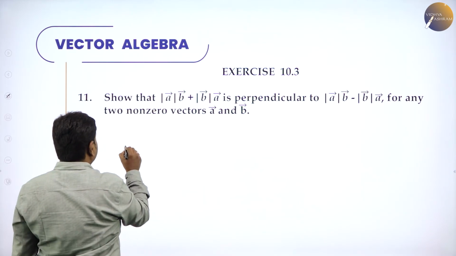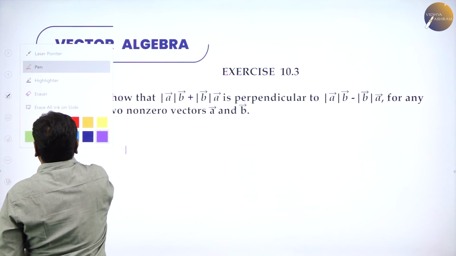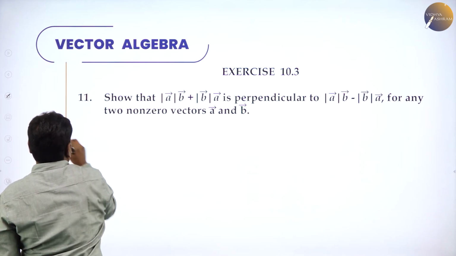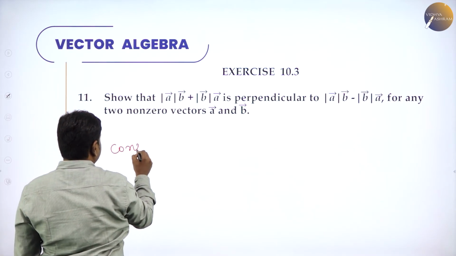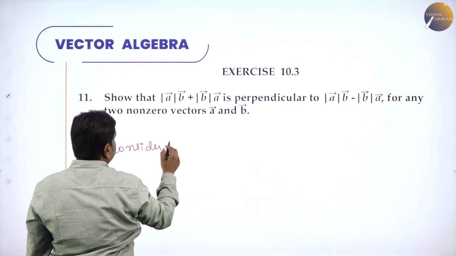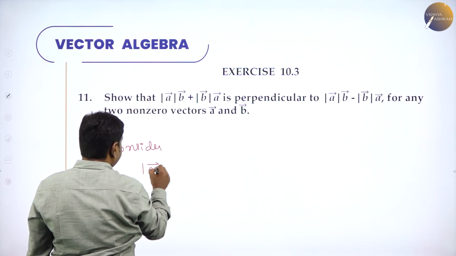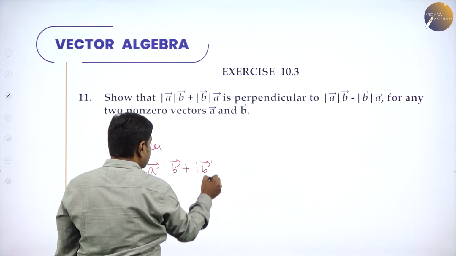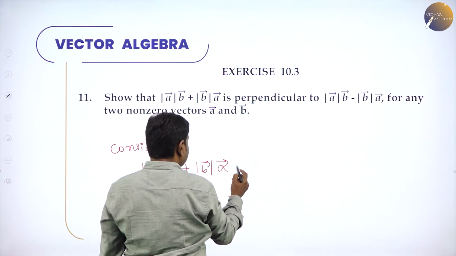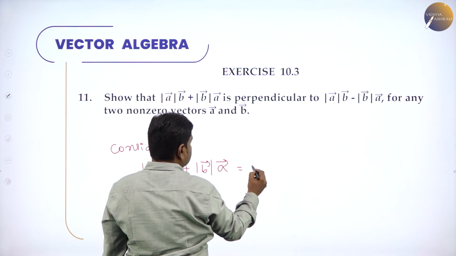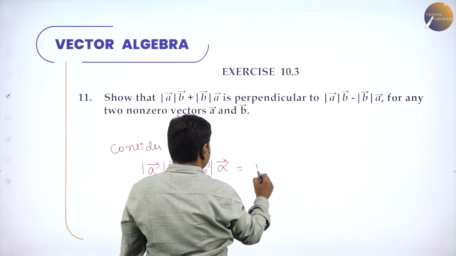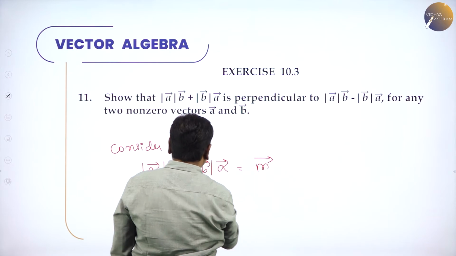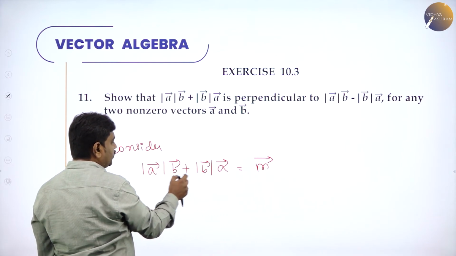So we'll consider |b|a + |a|b. I'll consider it as a vector, say M. This gives you one vector because it is a scalar times a vector plus a scalar times a vector.